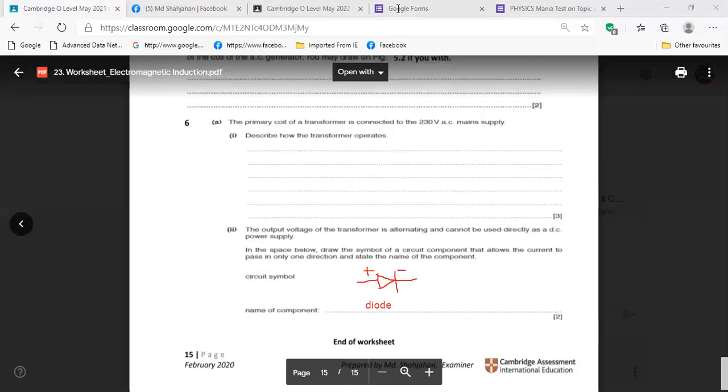Only one diagram is there, so not separately for question two and three. Okay, then no problem. If you are not able to do that, then send it to the Physics Mania Gmail. Yes, that will also be okay. Is it clear? Yes, sir.